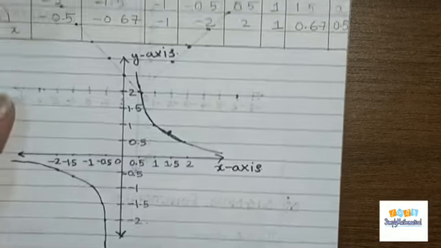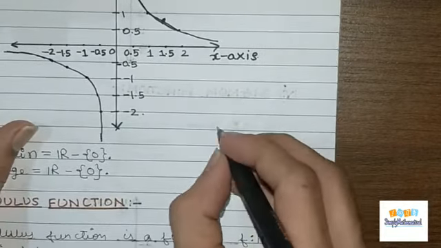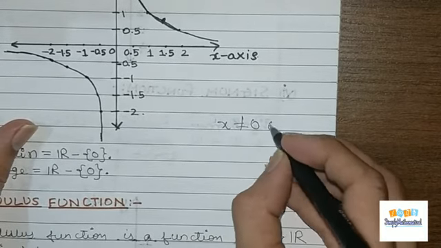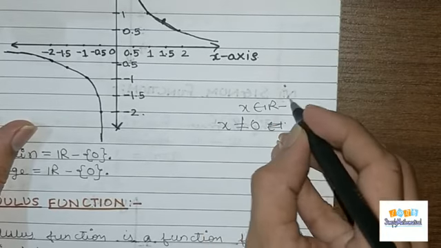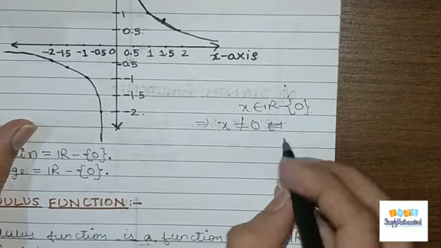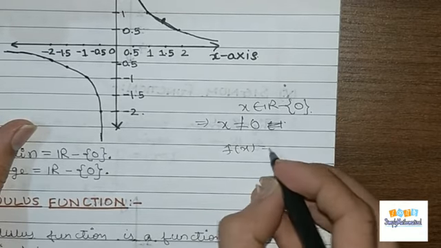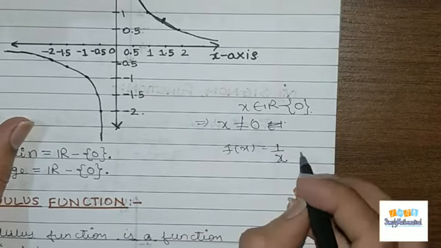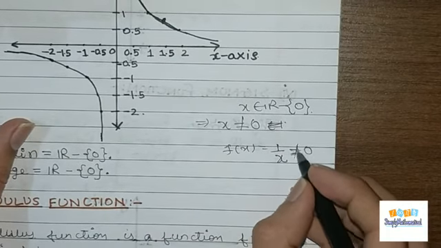Now why is it so? See this, if x belongs to R minus the singleton set {0}, that means x is not equal to 0, right. So if you look at the function f(x) = 1/x, that will also not be equal to 0.